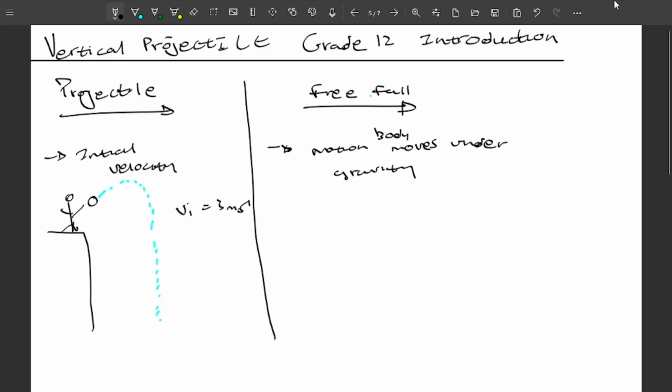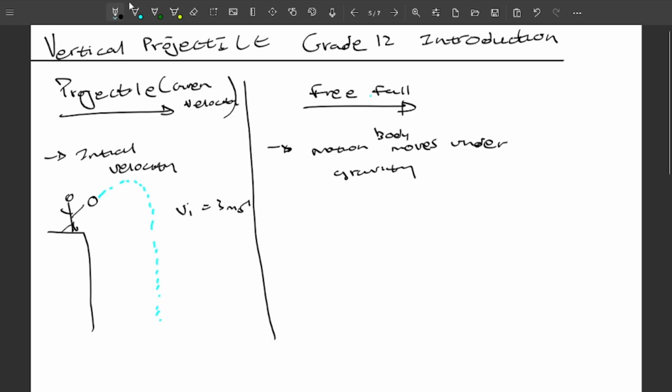So I've already given it out. It is projected. The person threw the ball with an initial velocity of 3 meters per second, meaning that this ball itself has been projected. It has been given a velocity. In simple terms, you can just say projectile, the object is given what? Velocity.